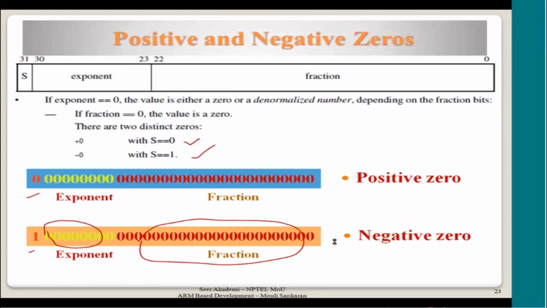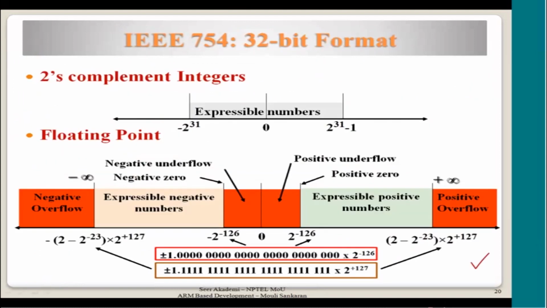I'll go back to the previous one. Sorry to go back here. See here, these two are plus and minus of the range, which is minus 126 earlier. Now I have brought it lower than this, up to 2 power minus 149, and then this is brought in up to 2 power plus 149. Oh sorry, this is minus and plus.